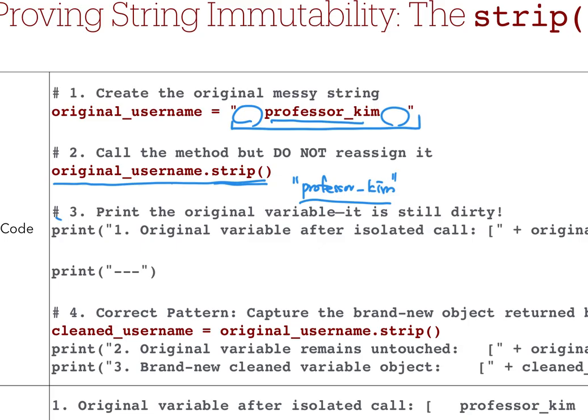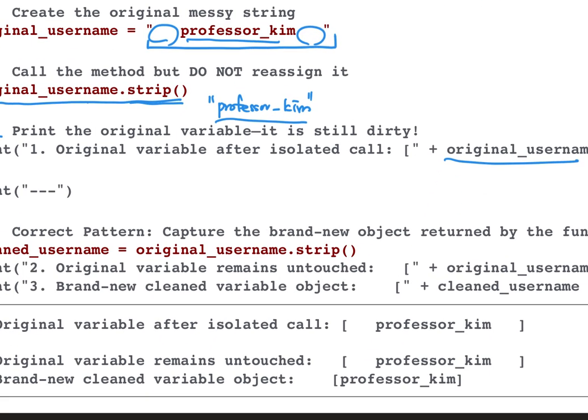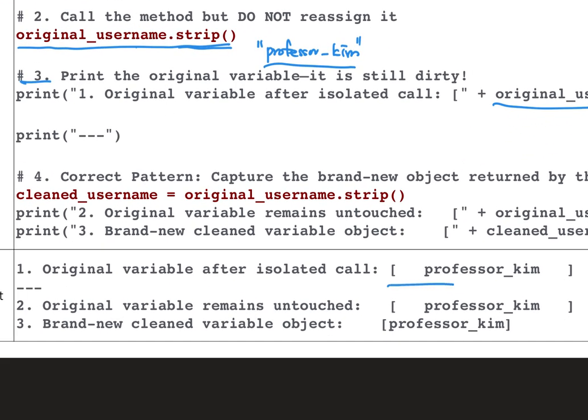So in number 3, if you print this line with original username, you get this as an output with some spaces. Those spaces of the original variable are not erased.